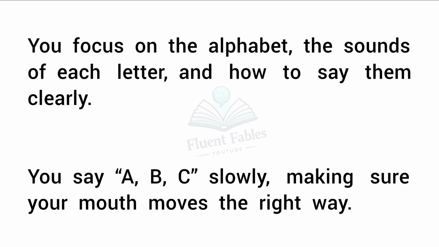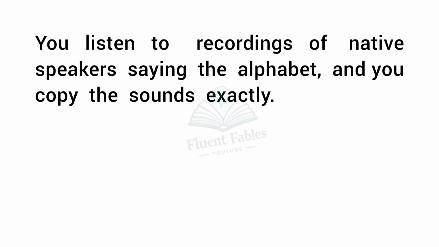You focus on the alphabet, the sounds of each letter, and how to say them clearly. You say A, B, C slowly, making sure your mouth moves the right way. You listen to recordings of native speakers saying the alphabet, and you copy the sounds exactly.